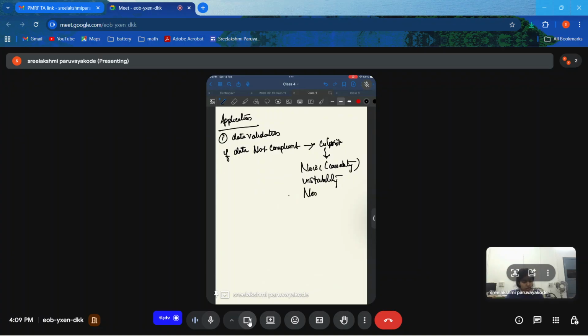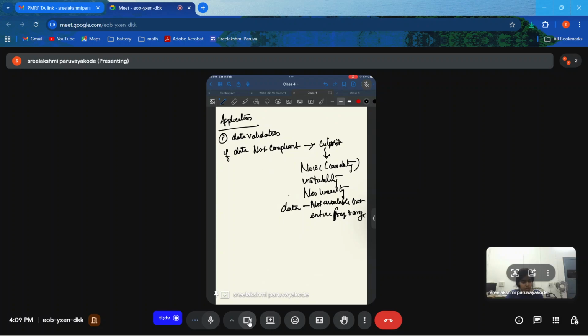Non-linearity is also another thing. And data not available over the entire frequency range.